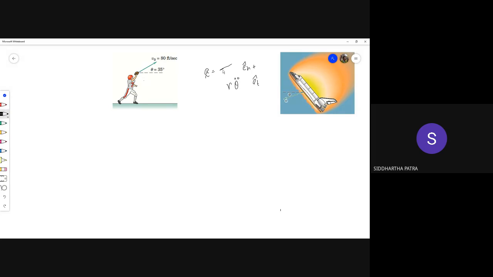One can directly write this expression. But first of all, these coordinates r and theta are from a different coordinate system, the polar coordinate system. These notations are not the notations of the NT coordinate system.